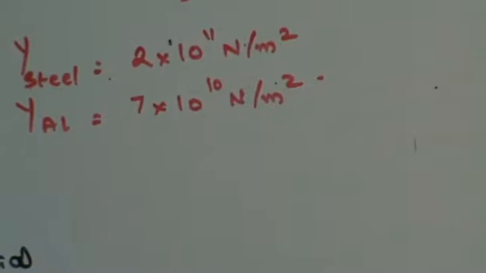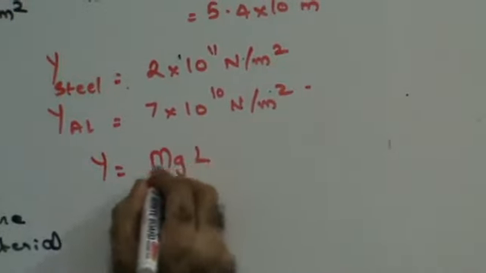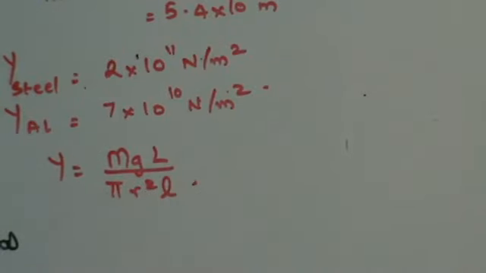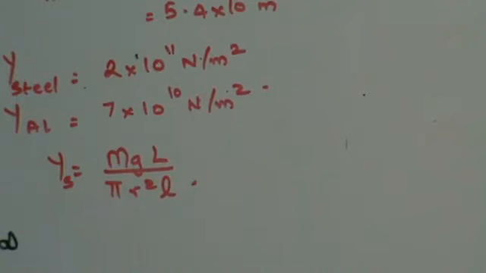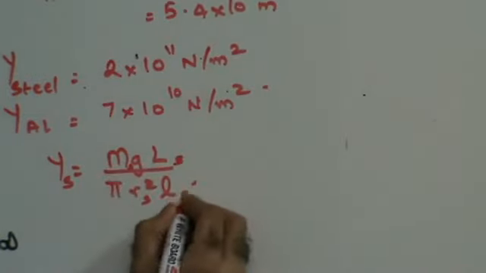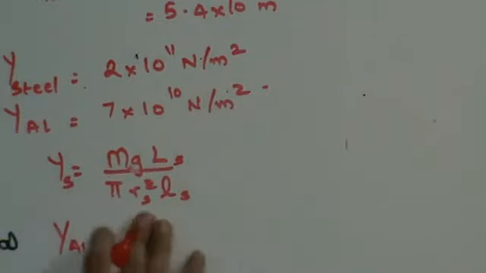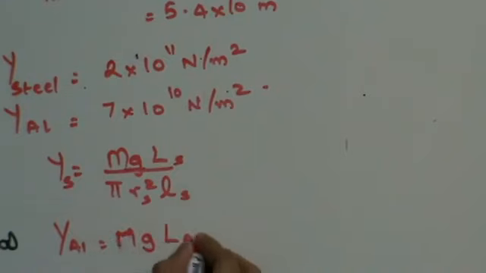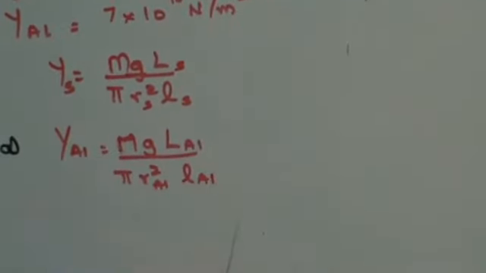Right? Now, we know that Young's modulus is nothing but mgl upon pi r square L. So I can say that Young's modulus for steel is going to be mgl upon pi r square L for steel. Similarly, Young's modulus for aluminium will be mass of aluminium, same load is connected, so mass is going to be same, g is going to be same, length of aluminium, pi r square of aluminium and extension of aluminium.